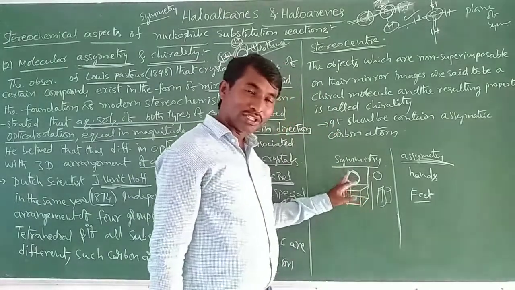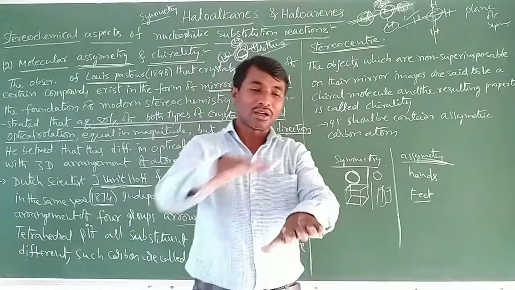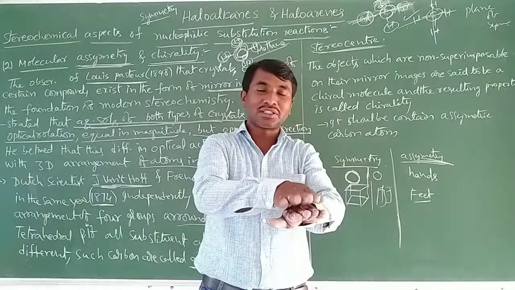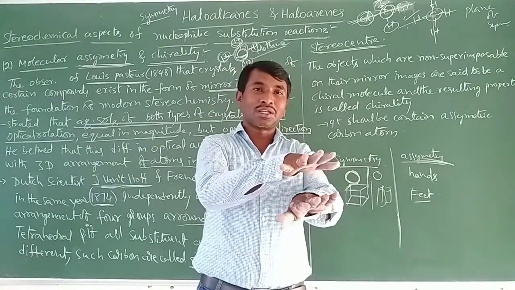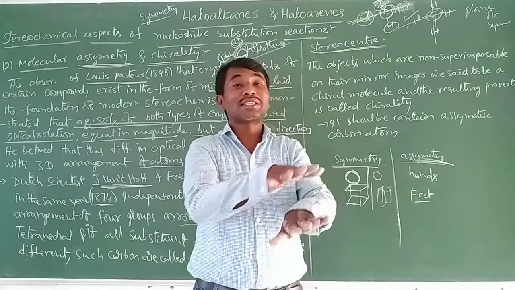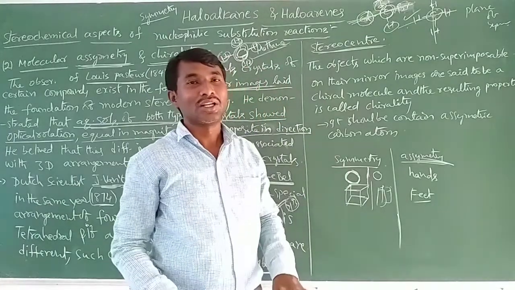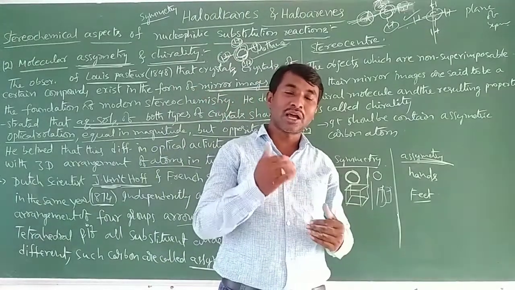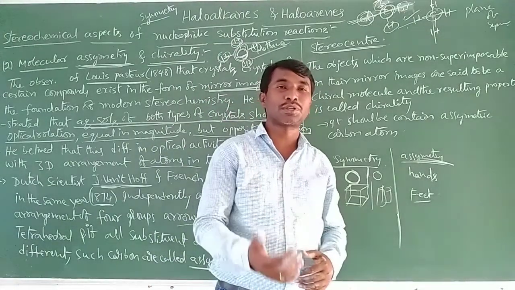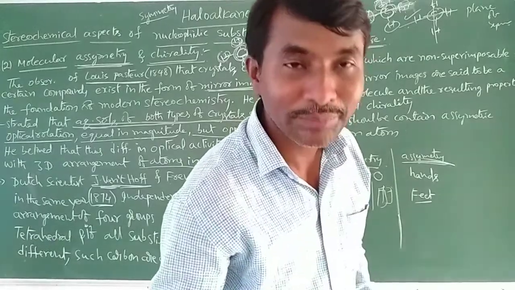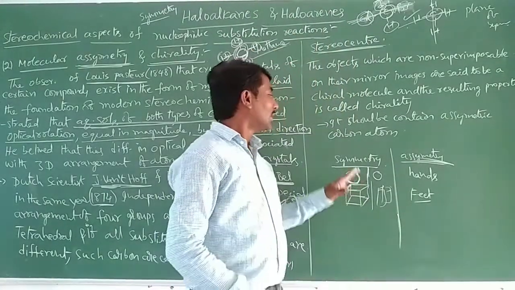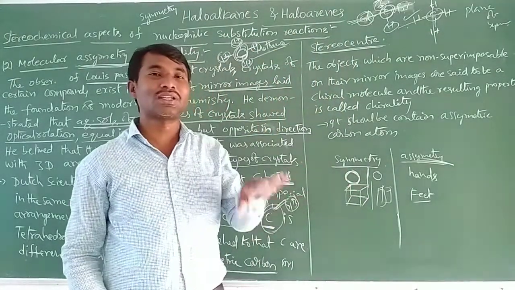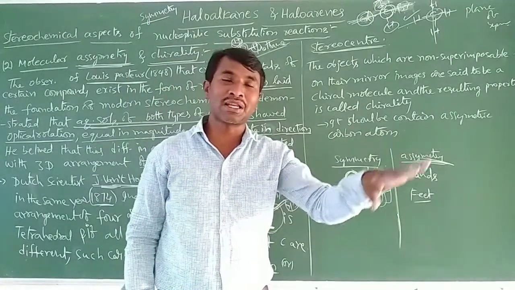Suppose when a sphere is taken as it is, it is fixed as it is in the diagram. So that is a symmetry. So like this, superimposable and non-superimposable. What does superimposable mean? A similar structure in its mirror image.